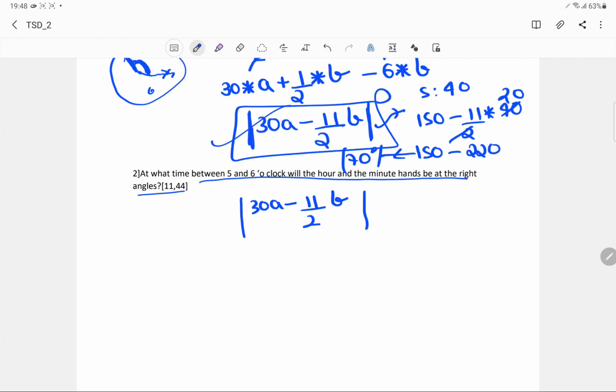See, in most cases, if this is the hour hand and this is the minute hand, we know that if you say an angle, say less than 180 degrees, we are talking about the hour and the minute hand having an angle of 180 degrees.